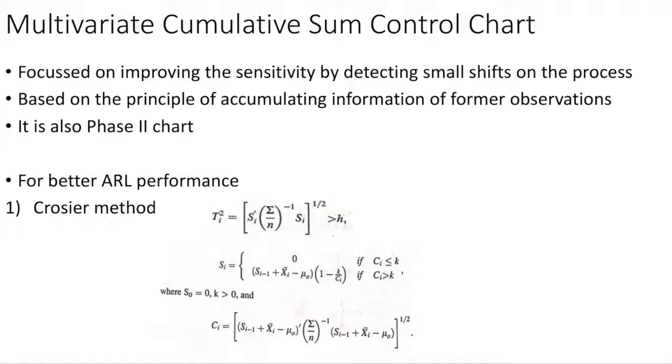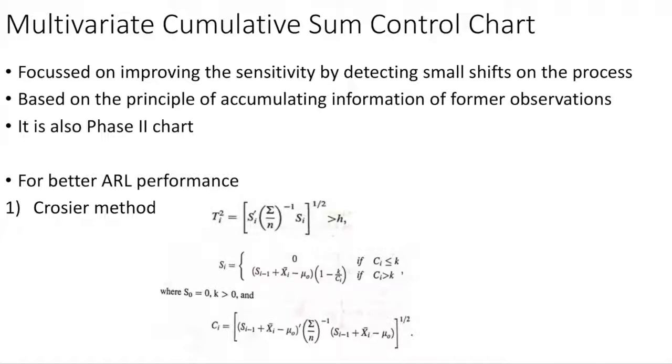It is focused on improving the sensitivity relative to the previously introduced t-square chart by detecting small shifts in the process, and it is based on the principle of accumulating information of the former observations, as is the MEWMA chart. This chart is also a phase 2 chart. For better ARL performance we have two methods. The first method is the Crosier method, and the t statistics are given as this.